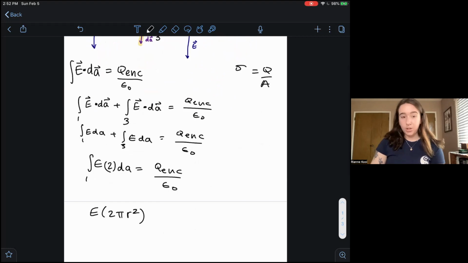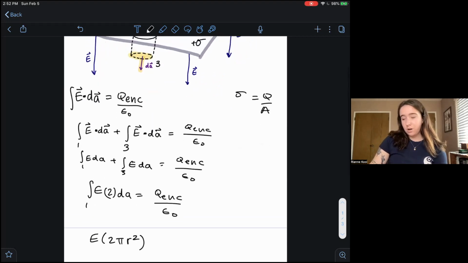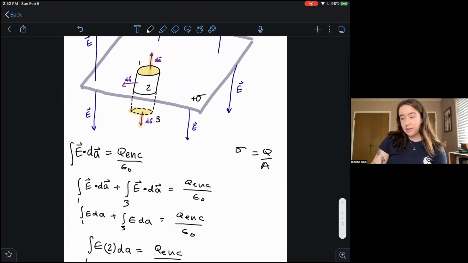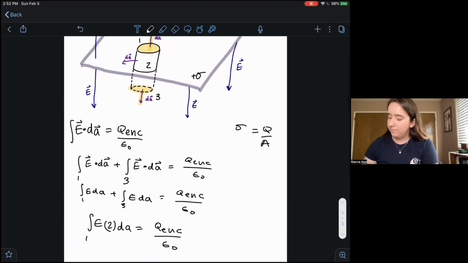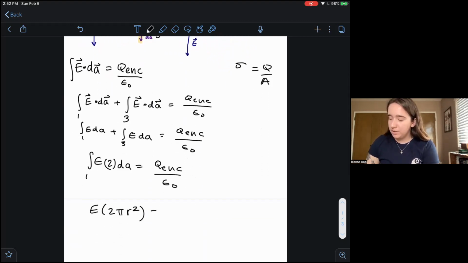Now let's look at our Q enclosed. We're just going to be looking at one of the circles, just because it's Q over an area. So we're going to look at one circle, and we know the area is pi r squared. So we know that our Q enclosed is sigma times pi r squared.